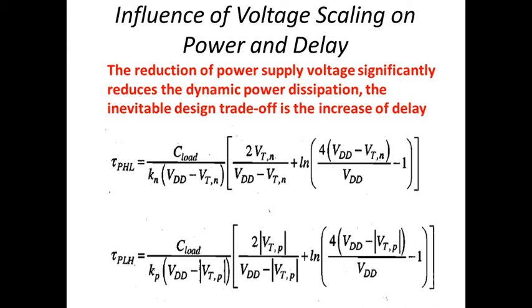These delays are inversely proportional to VDD. So if you reduce the value of VDD, sorry, if you decrease the value of VDD, the propagation delays will get increased because this is inversely proportional.